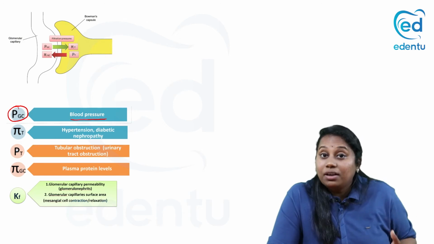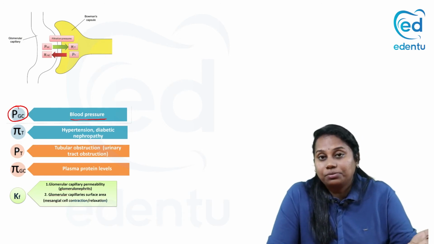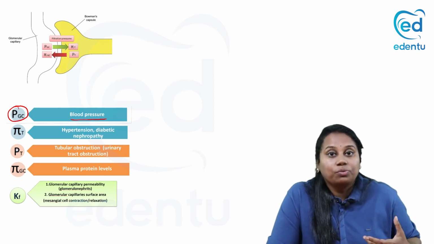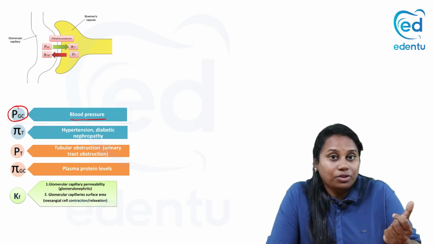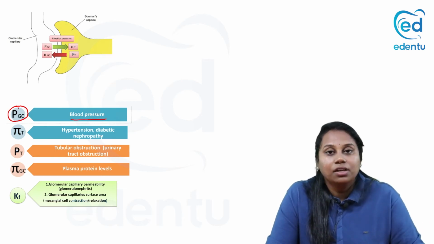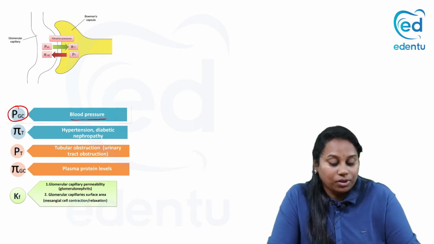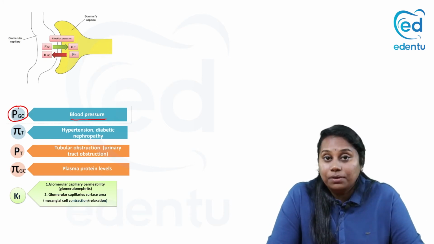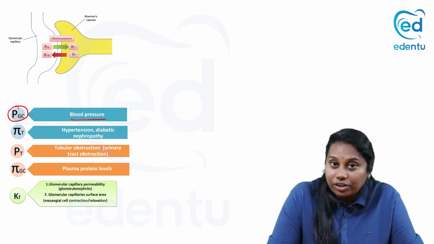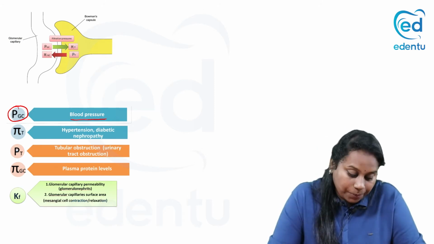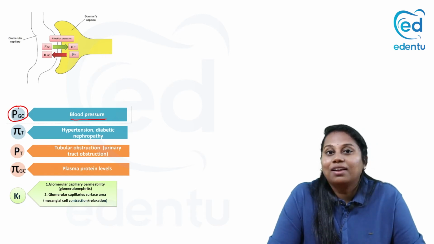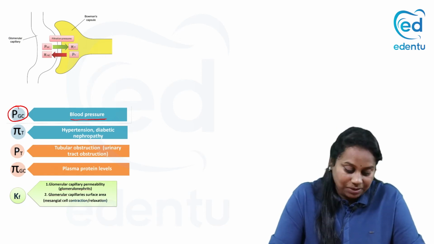Why? Because blood is flowing into the glomerular capillaries, so blood only will contribute. It's the liquid component of the blood which contributes to this hydrostatic pressure in the glomerular capillary. So if the blood pressure is more, GFR will be more. If the blood pressure is reducing, it will again affect your GFR. So PGC depends on blood pressure, and any variations in blood pressure can affect your PGC.